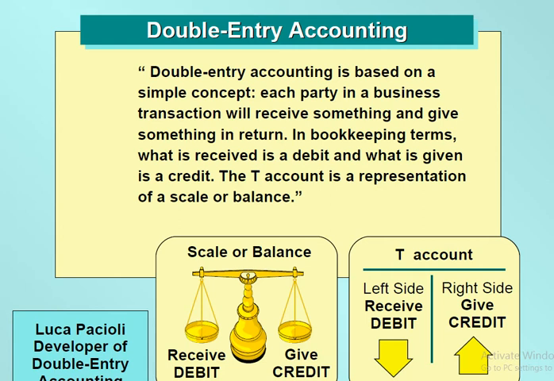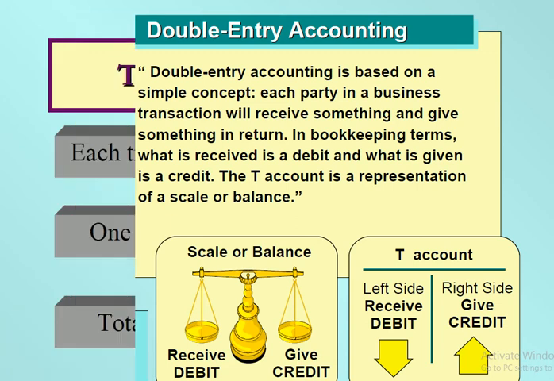Luca Pacioli, who is considered the father of accounting and also the developer of double entry accounting, worked a lot on accounting systems. He wrote different formulas and different theories for accounting, and he developed this system called the double entry system in the 1400s, approximately.